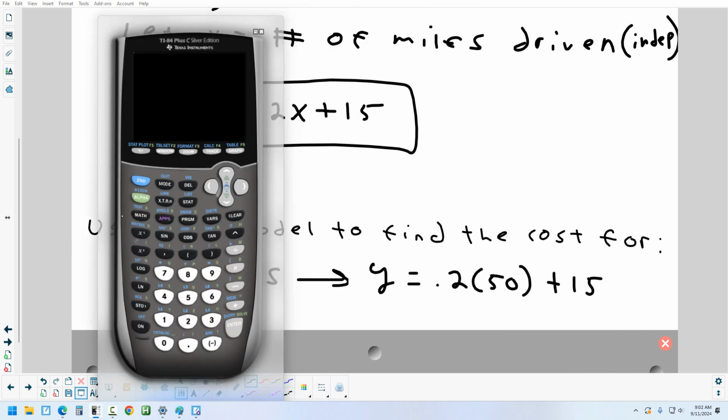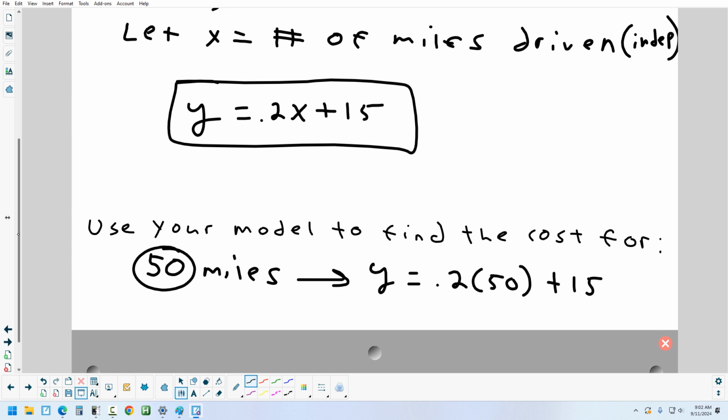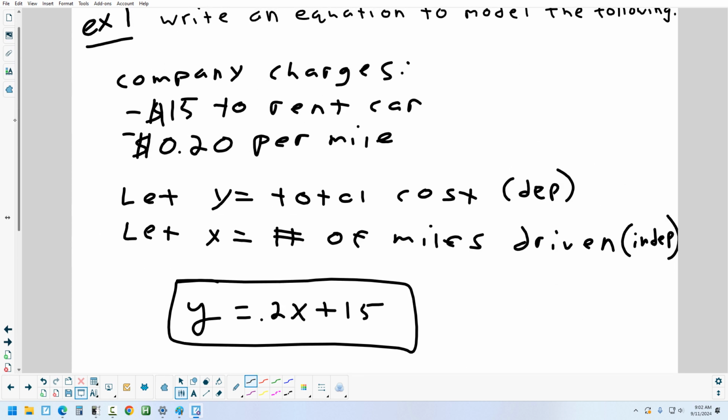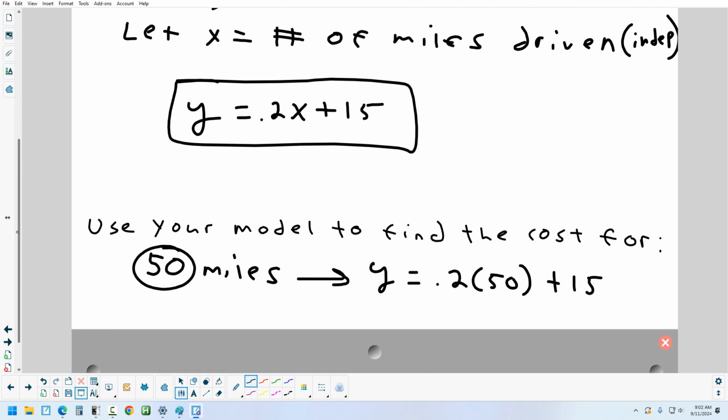Okay, so 0.2 times 50, that's going to give me 10, and I'm going to add 15, and I get 25, and I should put a label on that. What label do I need to put on the 25? Dollars, right? Not miles. That's $25. Any question on how we got $25?